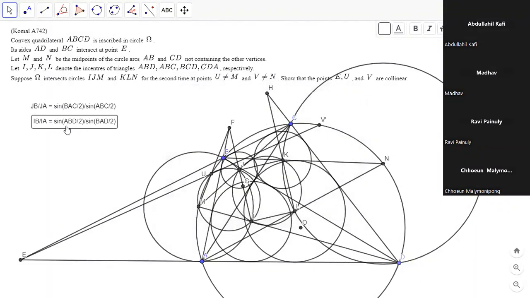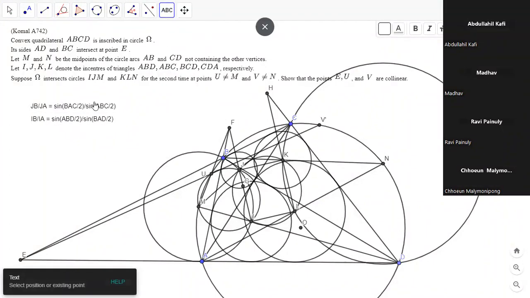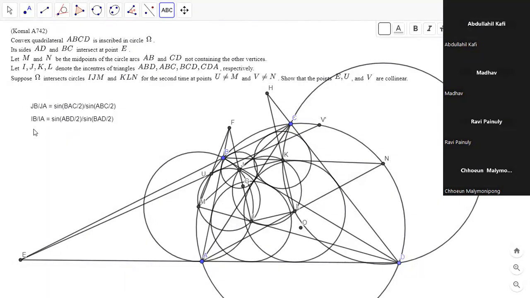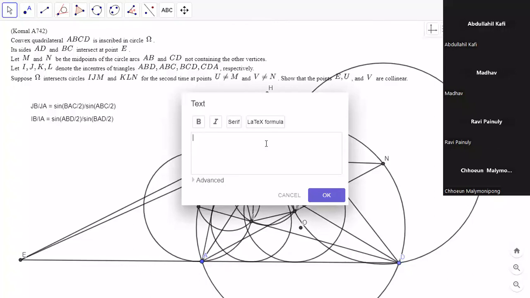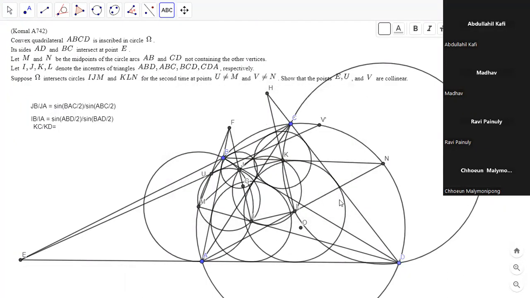And then KC over KD would be kind of similar. So KC over KD would be sine CBD over 2.